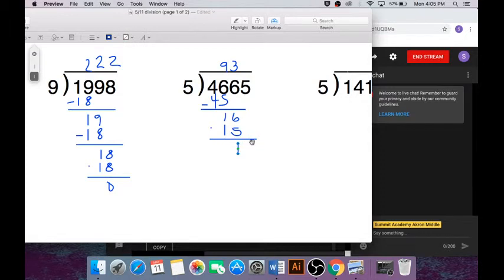We're going to bring down our 5. We have to figure out how many times 5 goes into 15 without going over. It's going to be 3. 3 times 5 is 15. And 15 minus 15 is 0. So our answer is 933.